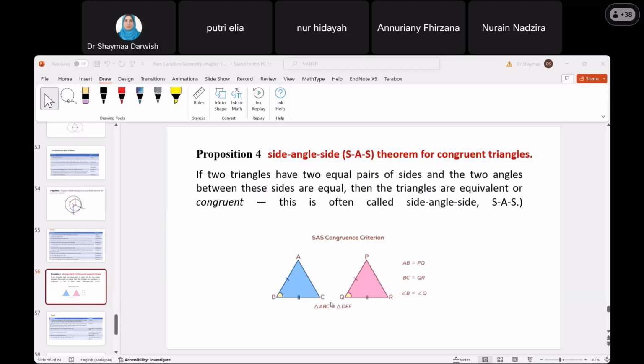And then they try to move one triangle. They cut one triangle and put it on the second triangle. If they are exactly the same, identical, we can say that they are congruent triangles. They based on this kind of transformation to show the congruence between two triangles.